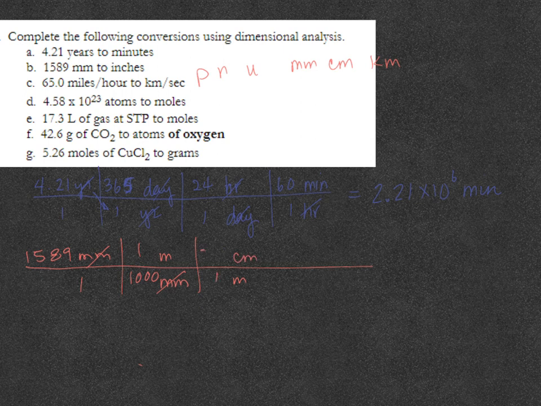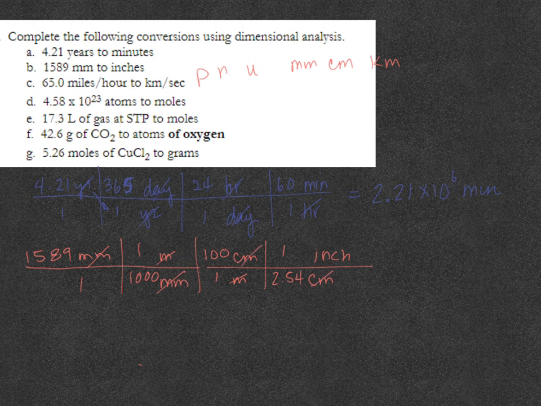Put the 1 by the bigger unit. 1 meter is 100 centimeters, and those can cancel. Now centimeter comes down, inch goes to the top. 1 inch is 2.54 centimeters, and centimeters can cancel.